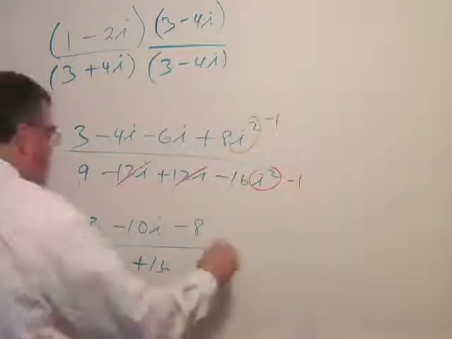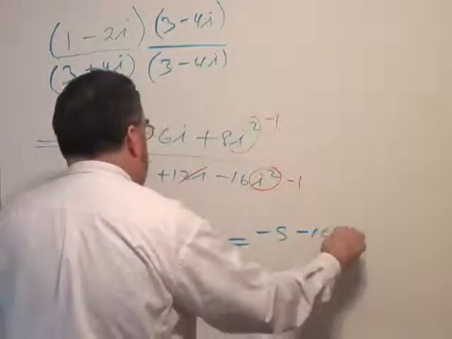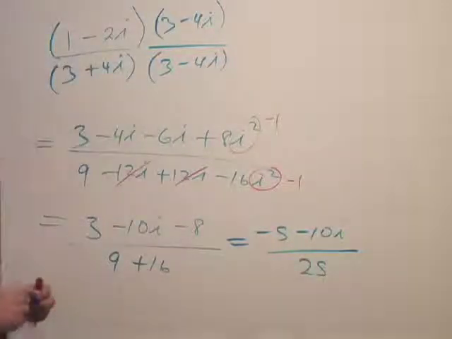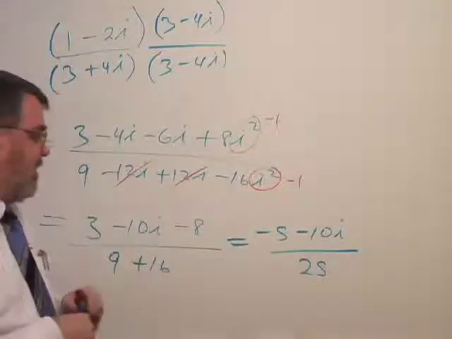Combined here, I've got 3 minus 8 is negative 5 minus 10i over 25. So there we go. Now, this one's a little unusual. We can take it a little further. This doesn't always happen. But I can factor a 5 out of here and then cancel with the denominator. So let's go ahead and do that.